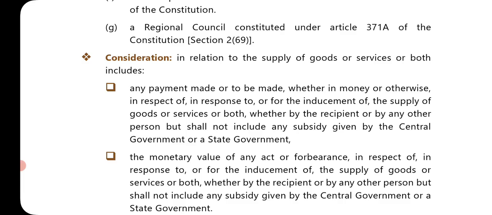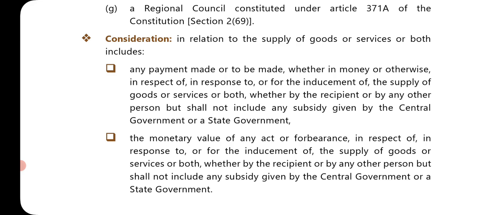Then consideration. Consideration in relation to the supply of goods or service or both includes any payment made or to be made, whether in money or otherwise, in respect of, in response to, or for the inducement of the supply of goods or services or both, whether by the recipient or by any other person, but shall not include any subsidy given by the central government or a state government.